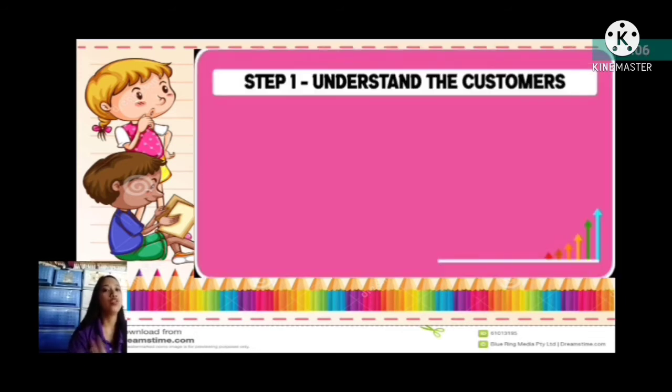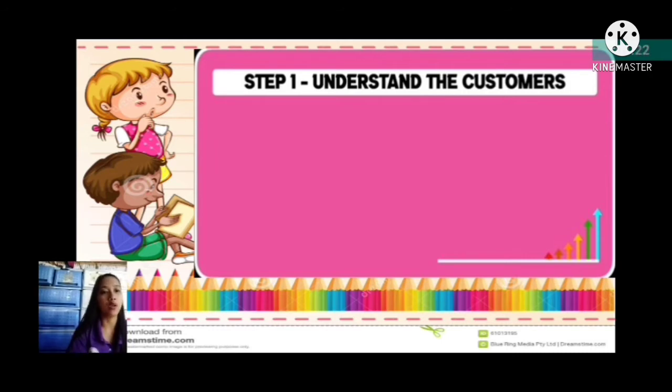In step number 1, you have to understand the customers. You have to understand the profile of the customers and the product or service that you have. You need to understand that it is not meant for everybody.